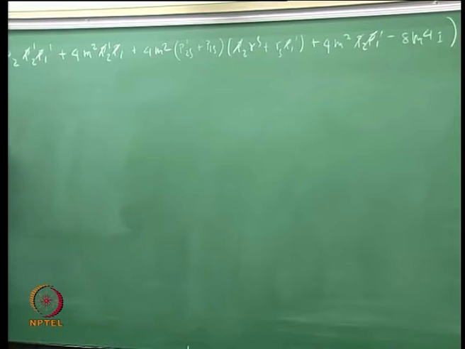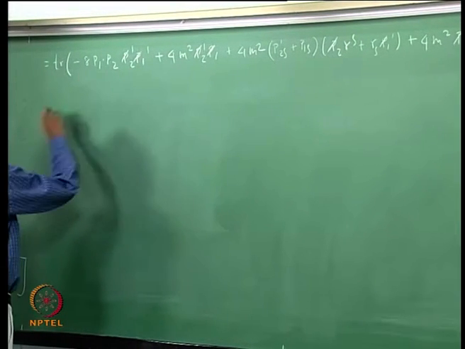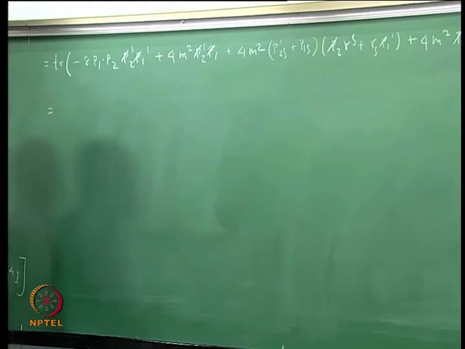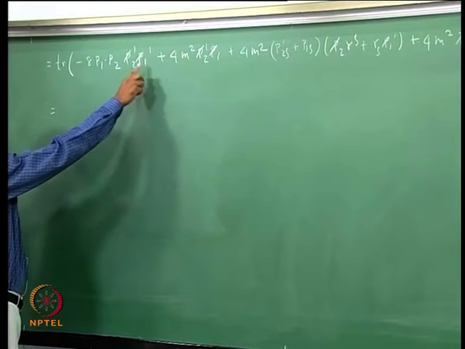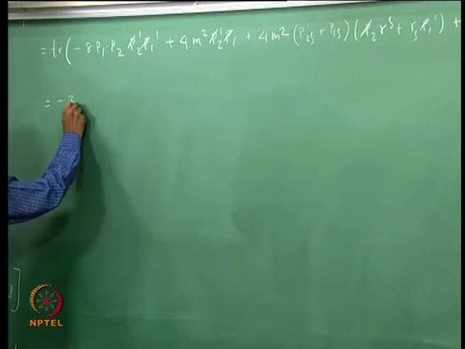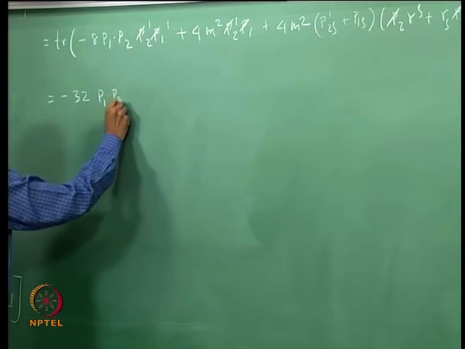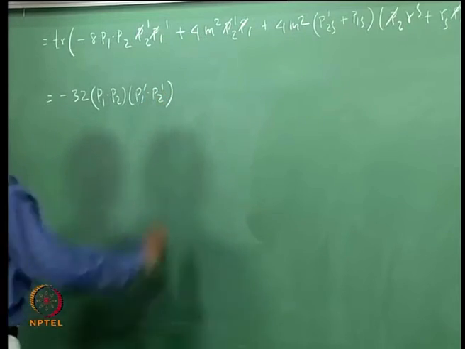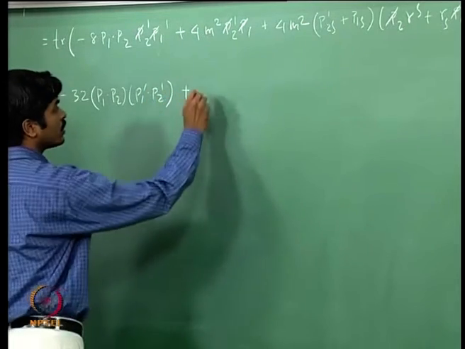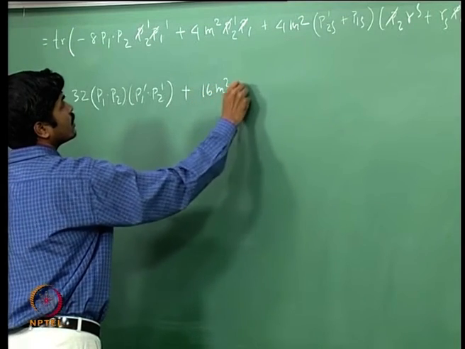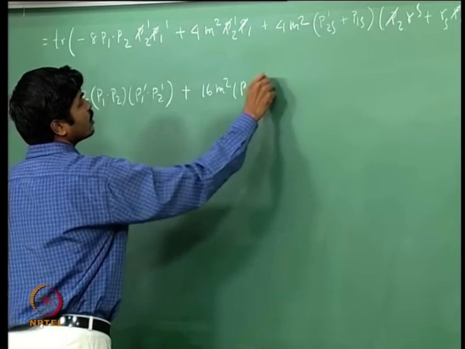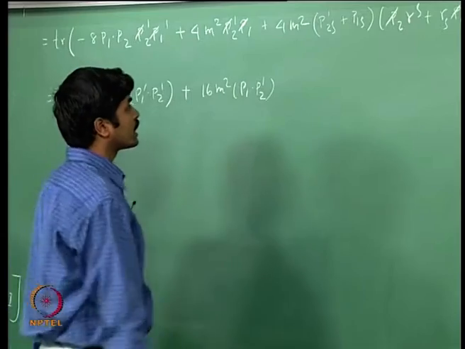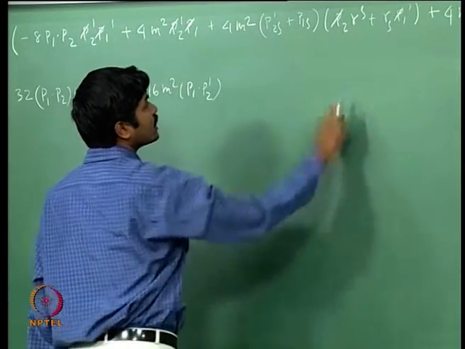That we need to evaluate, but now it is very easy to evaluate the trace. First term, what is the trace of this? So, this is 4 p1 prime dot p2 prime. So, this is minus 32 p1 dot p2 p1 prime dot p2 prime. This one, 16 m square p1 dot p2 prime, and here you can see that this will give me 4.